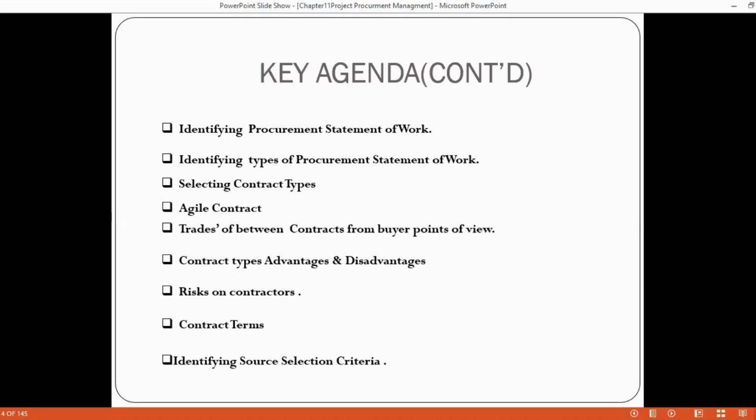And we're going to be looking at the procurement statement of work, identifying the types of procurement statement of work, and how to select the best contract type. Agile contracts, how do we use contracts during agile?